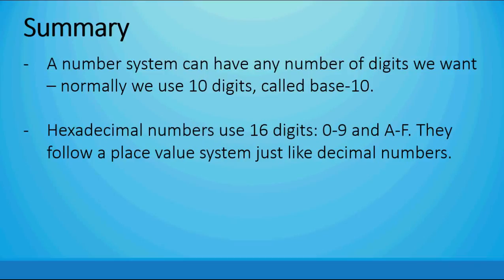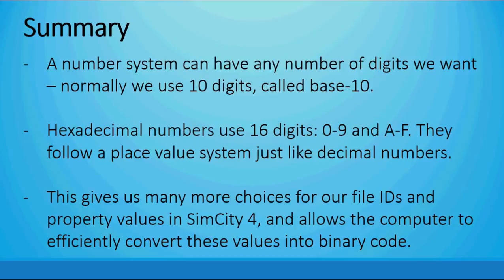Importantly, they follow a place value system just like decimal numbers. So that's how we write bigger and smaller numbers. And that, together with the increased number of digits, allows us many more choices for exemplar IDs and property values, reduces the chance of conflict, makes our mods more stable, more likely to work, makes everything nice and harmonious.